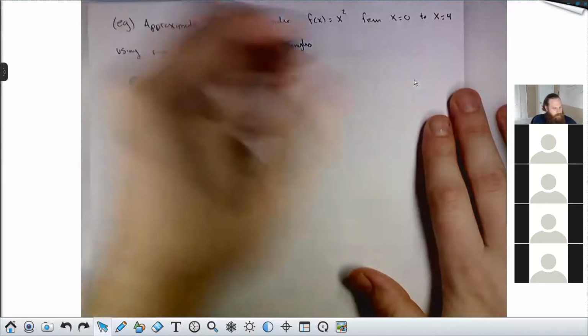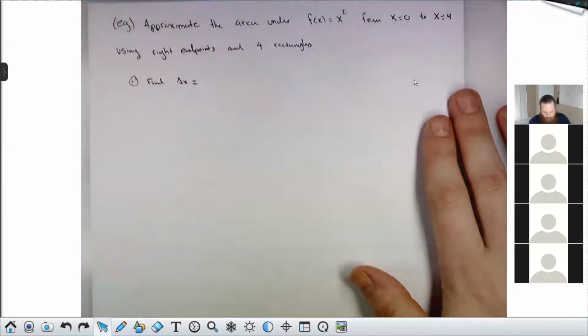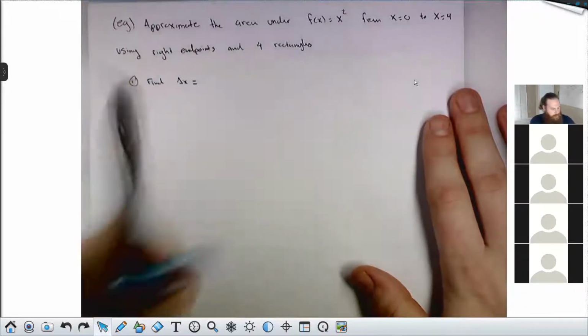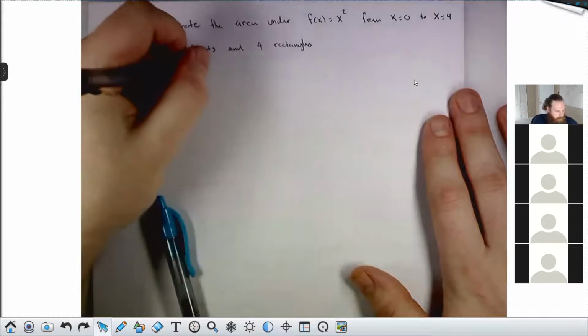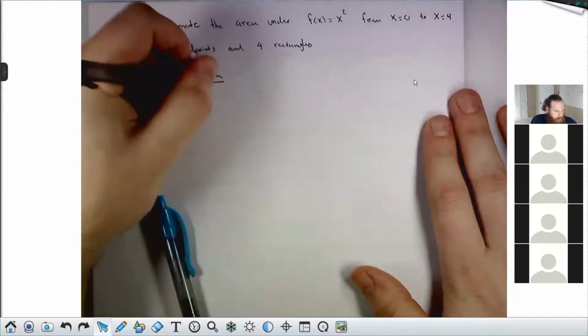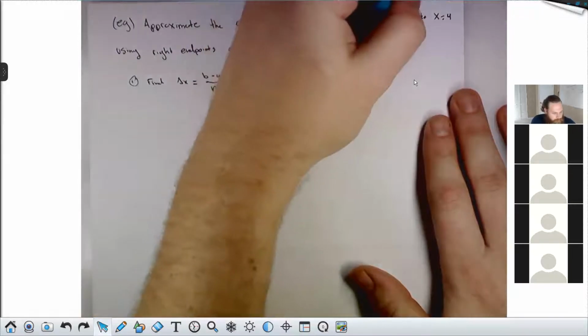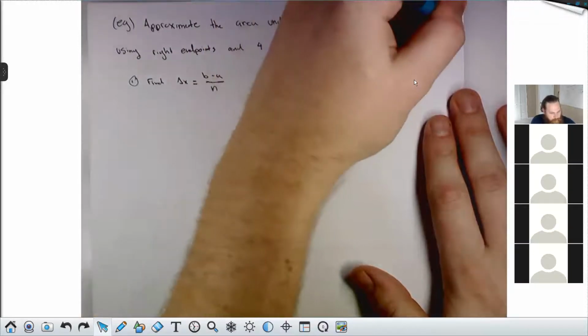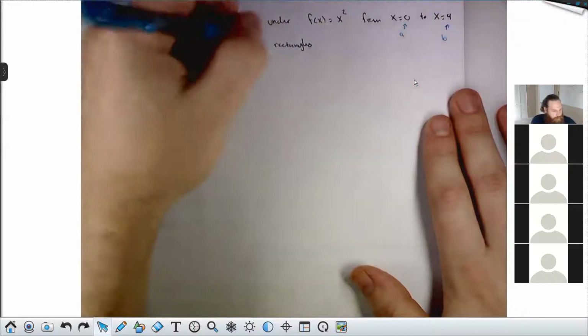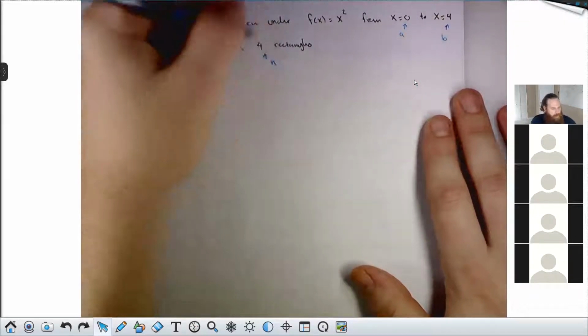Delta x is always b minus a over n. And remember what a and b are. This is a, this is b, and this is n.